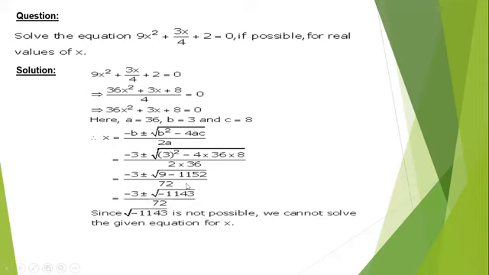So here this question will not be solved further. Substitute in the formula minus b plus minus under root b square minus 4ac upon 2a. As the square root part, that is my b square minus 4ac, is coming minus, further solution is not possible. Writing this line you will get full marks.